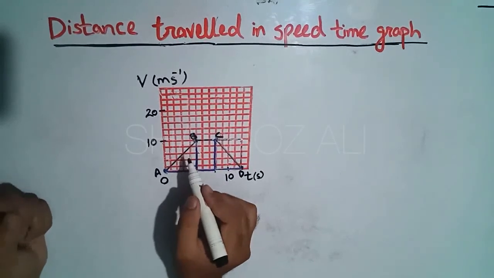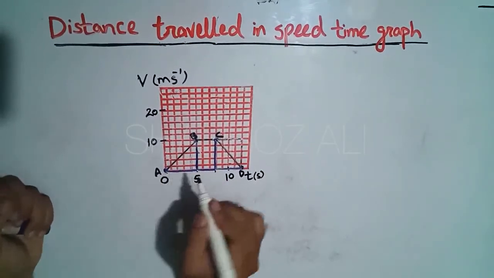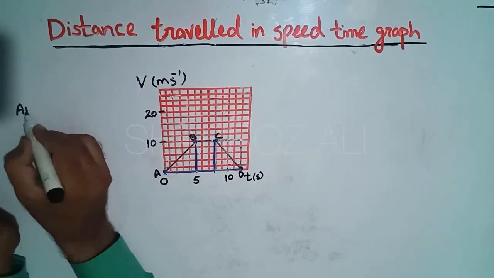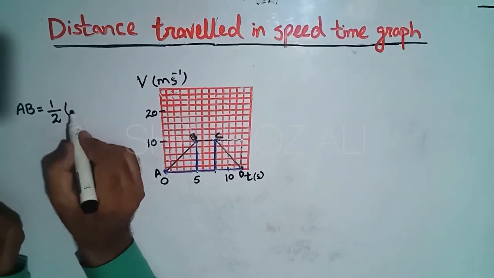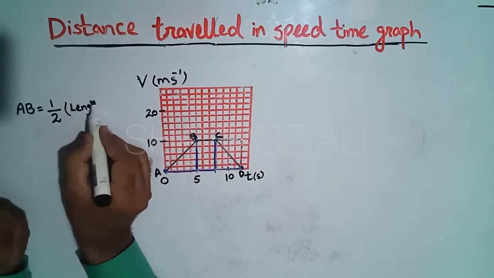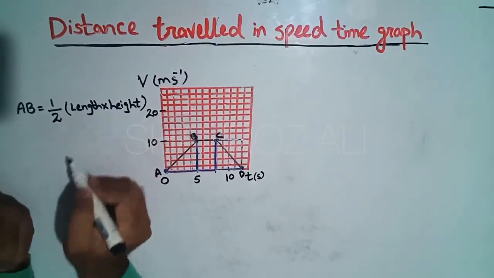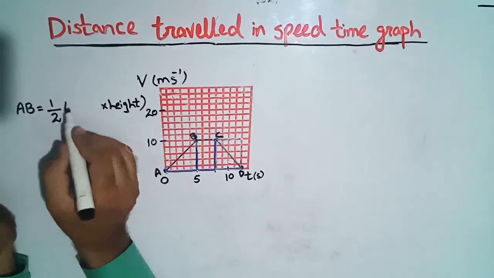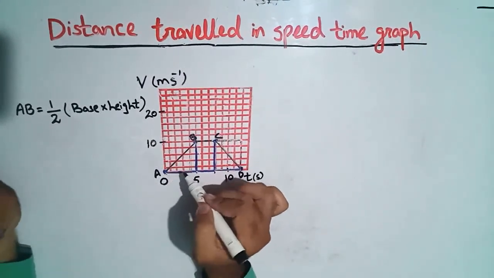You want to find the area of the first triangle, so I am writing here area of the triangle, that is line A to B. The formula is 1/2 into length multiplied by height, or you can use a word you already learned, that is base. Base multiplied by height.